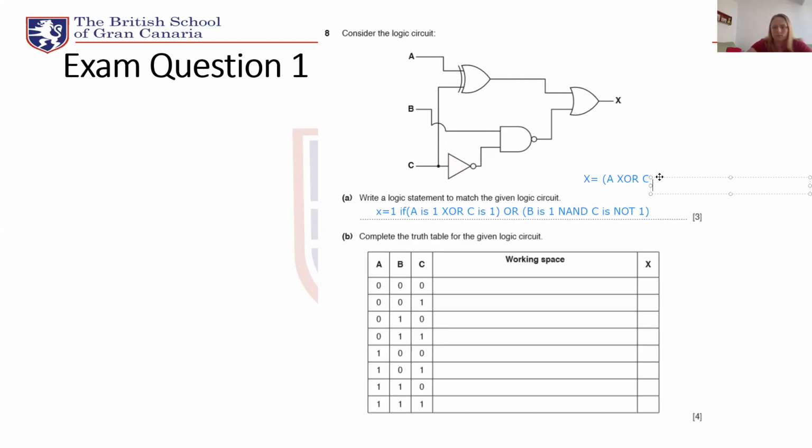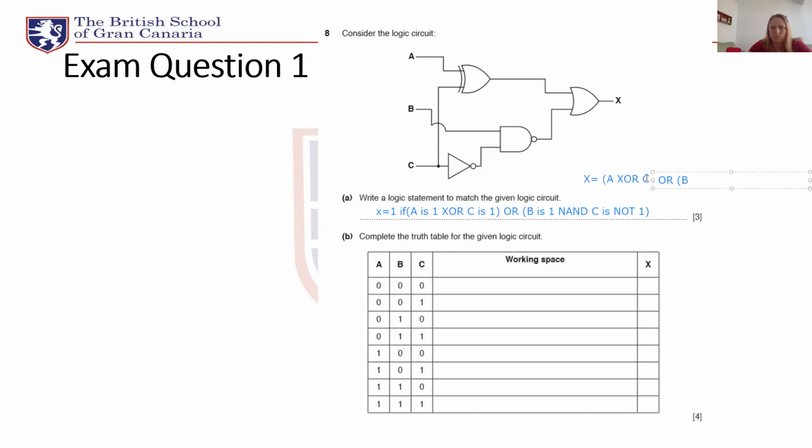Then obviously it's split with an OR at the end, and then you can say B goes into a NAND. Obviously put your brackets in and close your brackets as well, sorry.